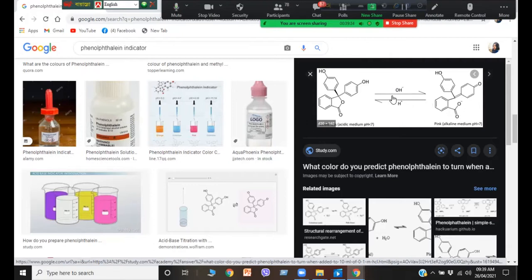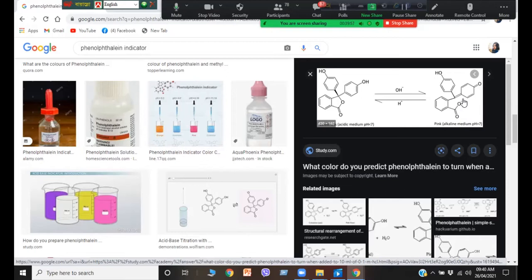When it gets basic media, it abstracts the proton of this part and becomes ionized, and pH is greater than 7. In alkaline media it is pink, so this is the anion formed at the end point, and we can see the color.